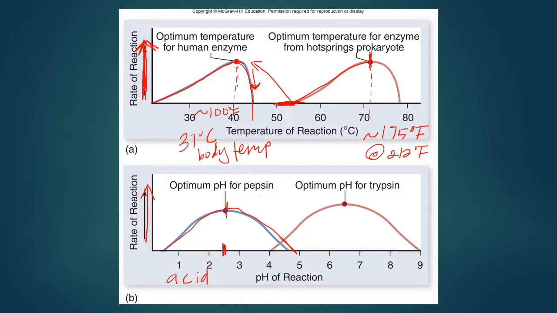However, trypsin operates at approximately a 6.5 pH. So this is very, very slightly acidic here. And so I suspect that this is not found in the stomach, but I don't honestly know where trypsin is found. So I'll get back to that in the next slide.